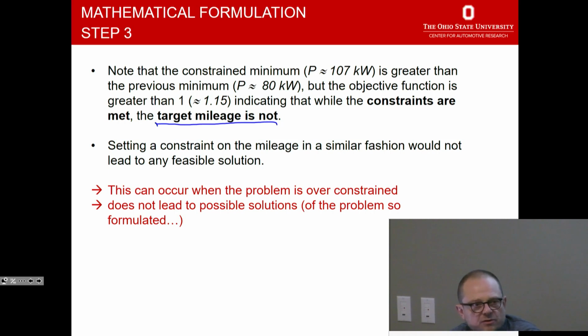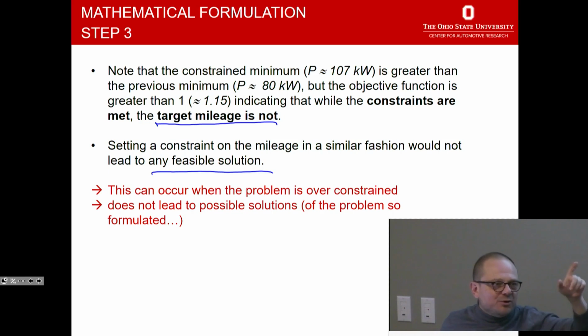And if it's much higher than that, I have a penalty function. Is it possible that I could not find any feasible solution? Well, the answer is yes, in part because the problem was ill-posed to begin with. The 30 mile per gallon number is not a good choice, right?